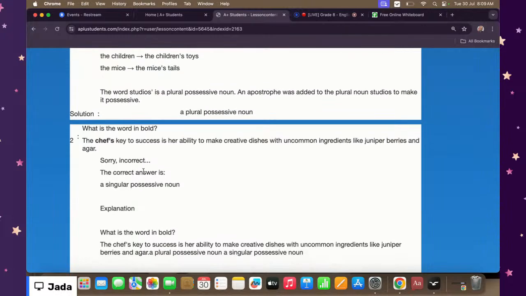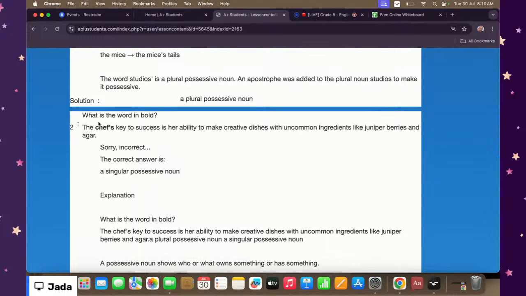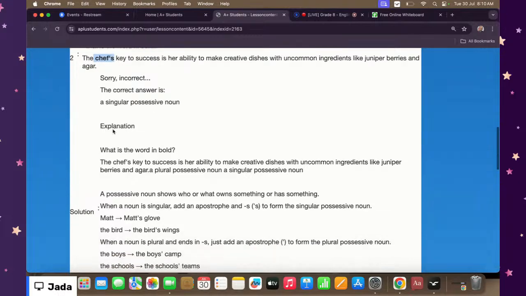Okay, so what is the word in bold? The chef's key to success is her ability to make creative dishes with uncommon ingredients like juniper berries and agar. So you have to check what the word in bold is. Chef's.